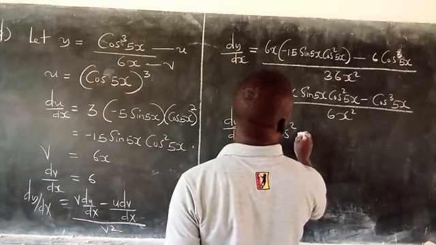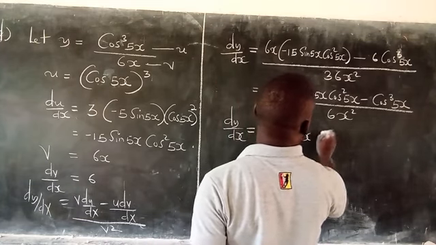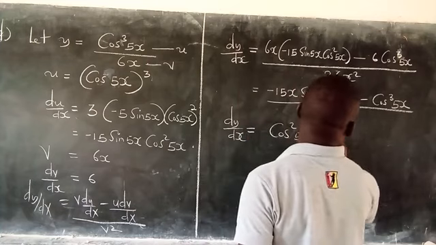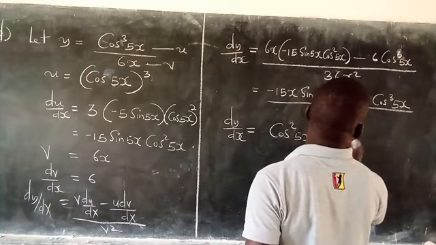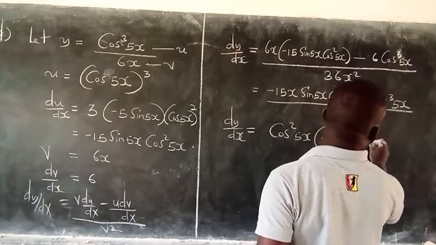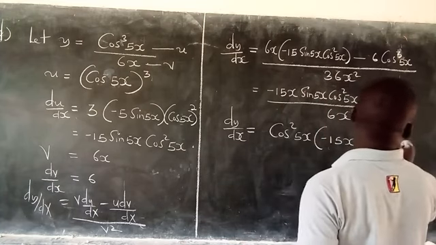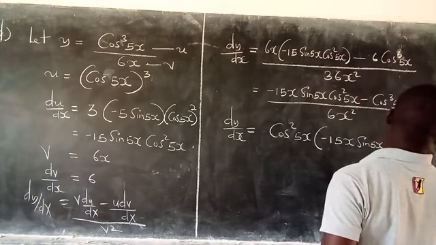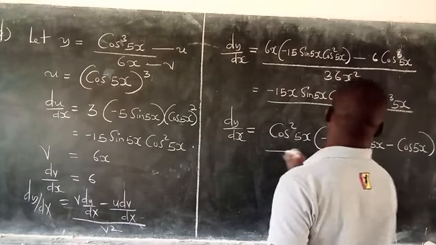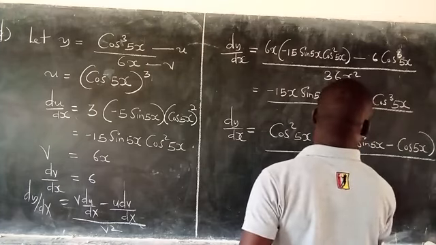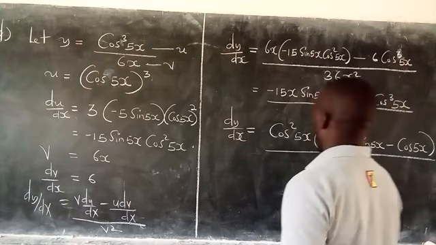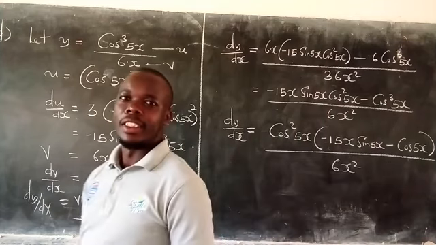Cos squared of 5x is a common factor, into brackets minus 15x sine 5x minus, we pull out cos squared, so we remain here with cos of 5x. All this divided by 6x squared, and that becomes our result.